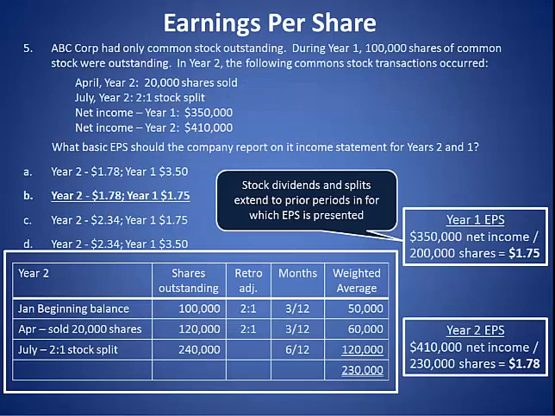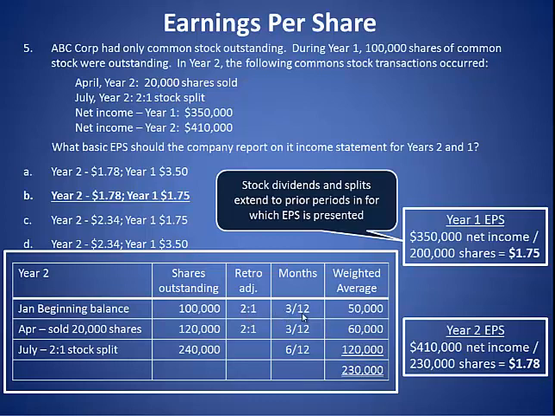In this case, the question is what basic EPS the company should report on its income statement for years 2 and 1. And the answer would be B, year 2 $1.78 and year 1 $1.75. If we take a look at the calculation for year 2, we start out with our beginning balance of 100,000 shares outstanding. We have a 2-for-1 stock split, so we have to do a retroactive adjustment, and that's for January, February, and March.